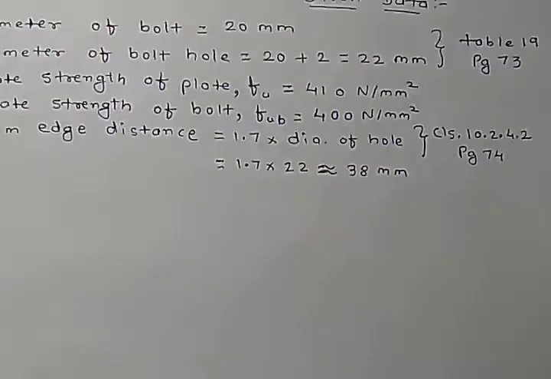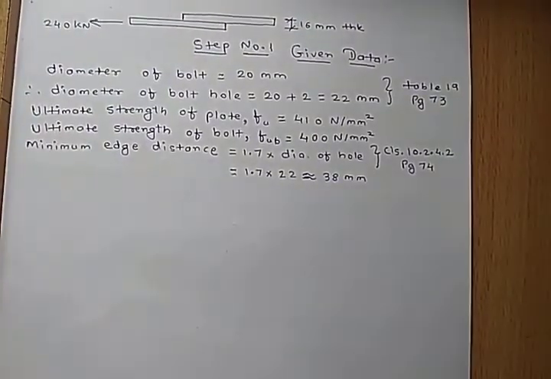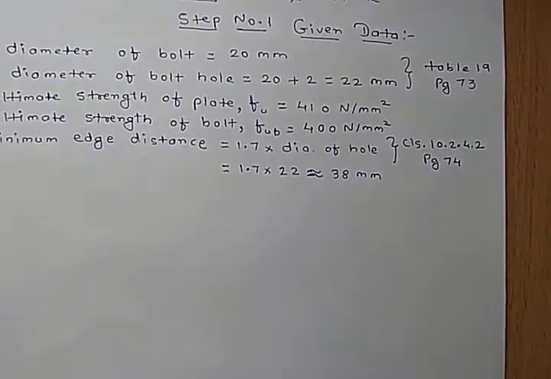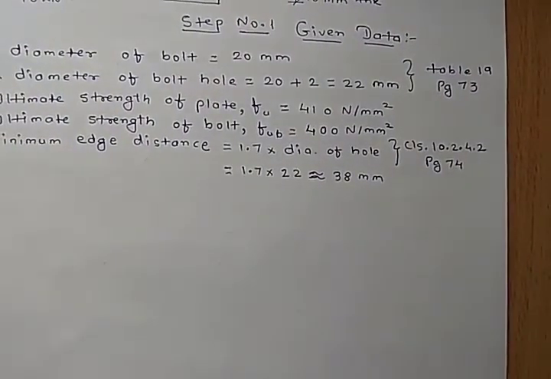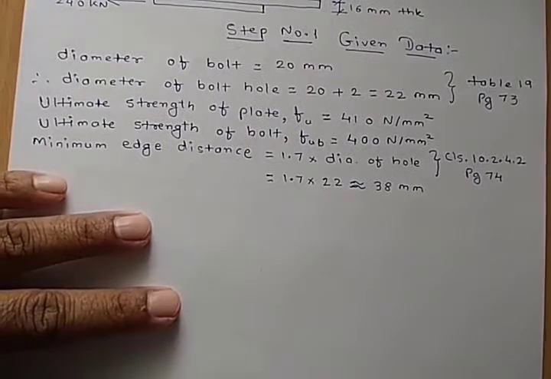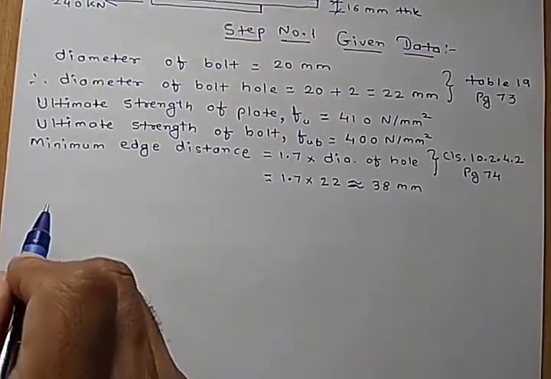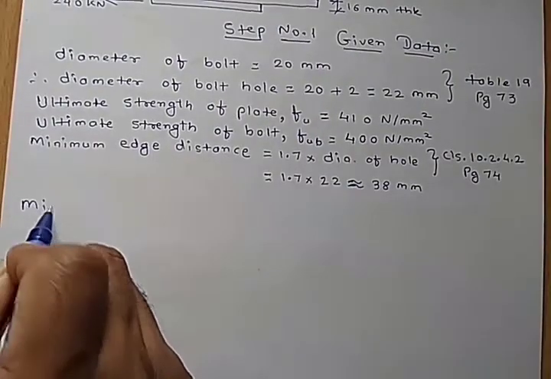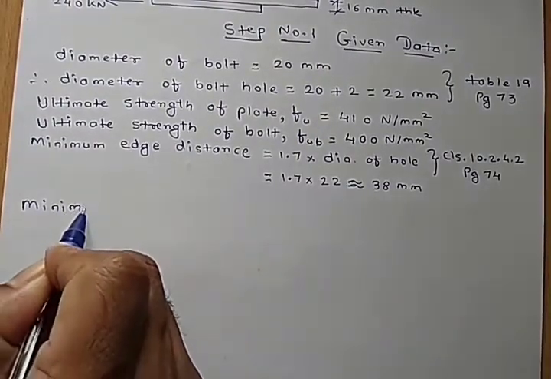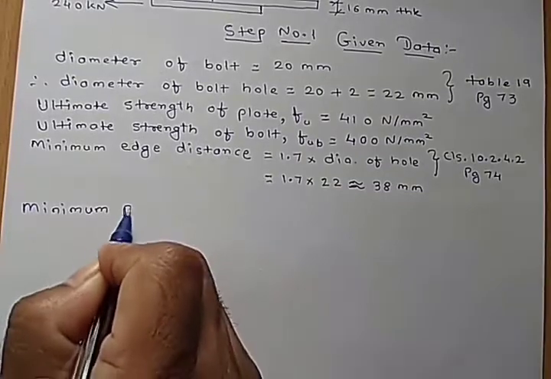Minimum edge distance can be denoted by e, while minimum pitch is denoted by p. Minimum pitch, as we have gone through in clause number 10.2.2, page number 73, is 2.5 times the nominal diameter of the bolt.